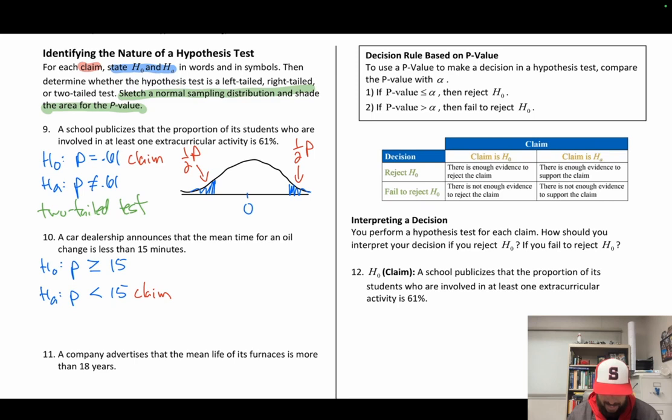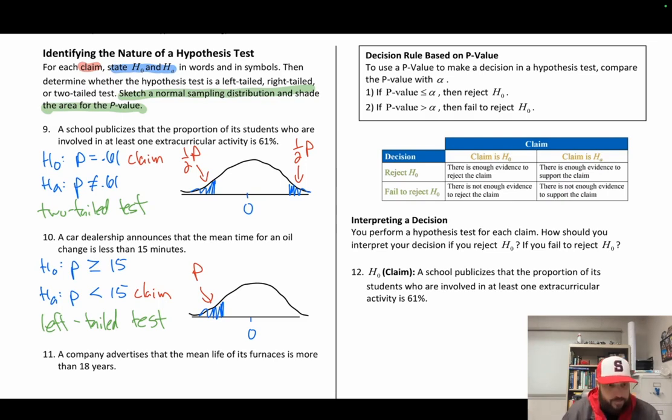And since it is a less than, we're going to be going to the left. It is a left-tailed test. Let's label that left-tailed right there, and that is our p-value.